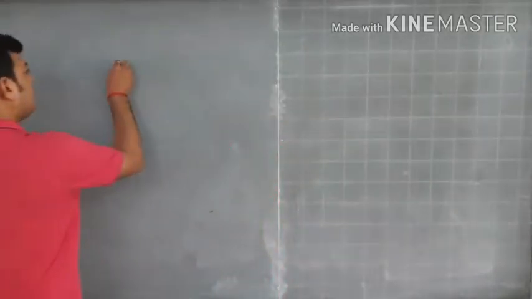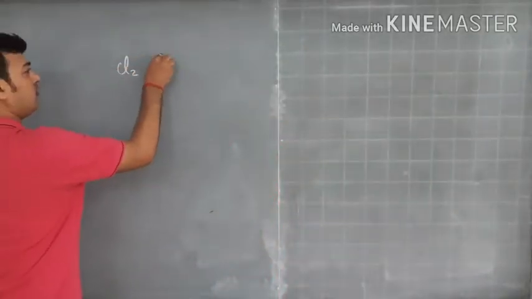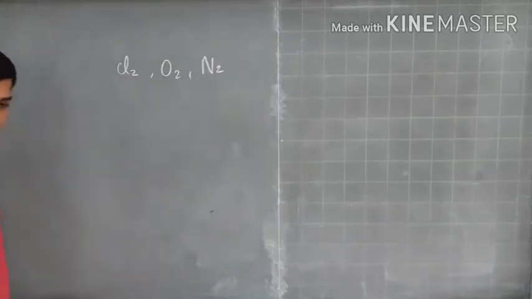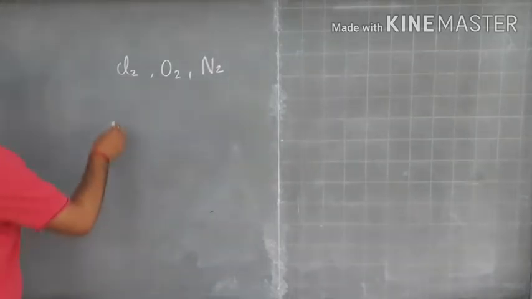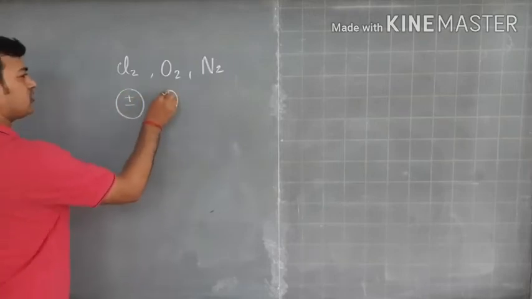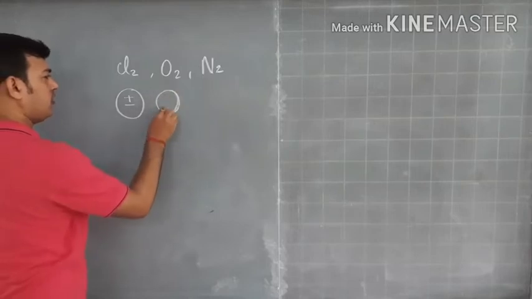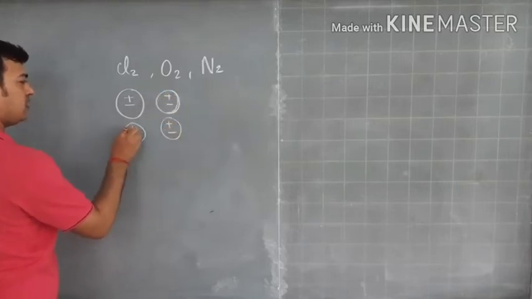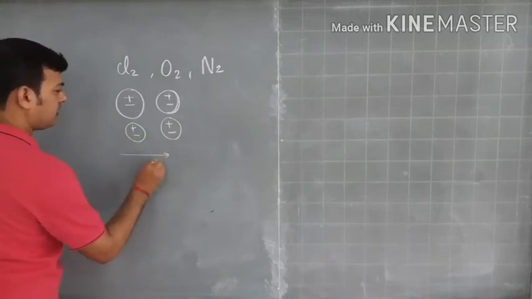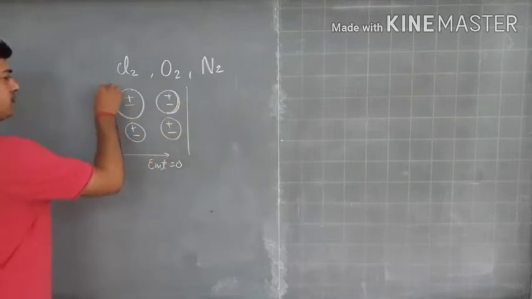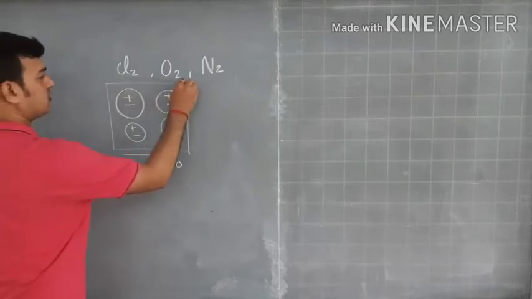For example, the molecules of chlorine, oxygen and nitrogen. So in the case of non-polar molecules, the centers of positive and negative charges coincide, and that results in net 0 electric field inside the substance.